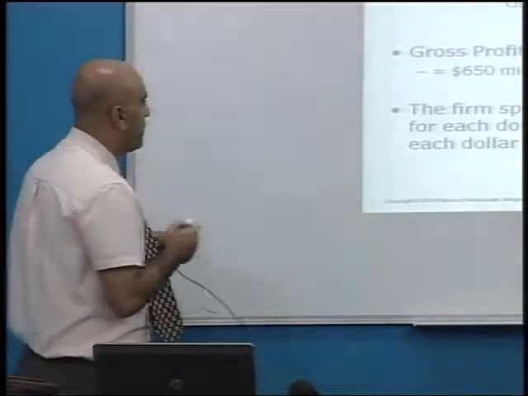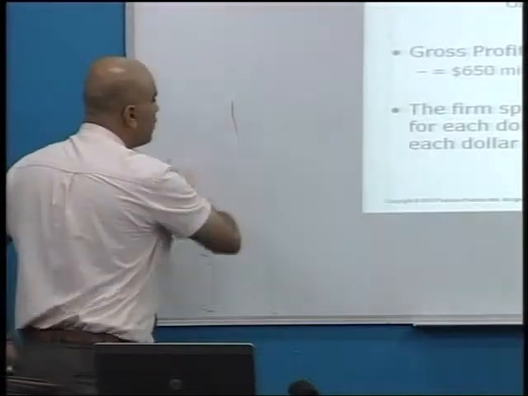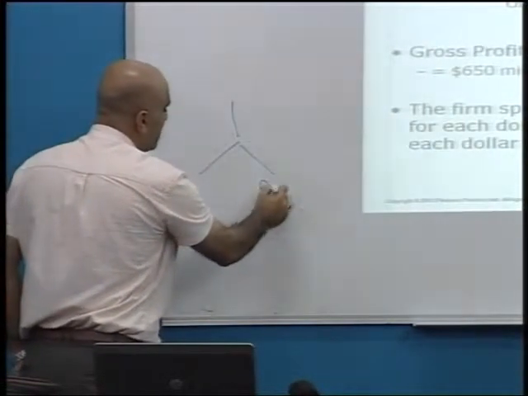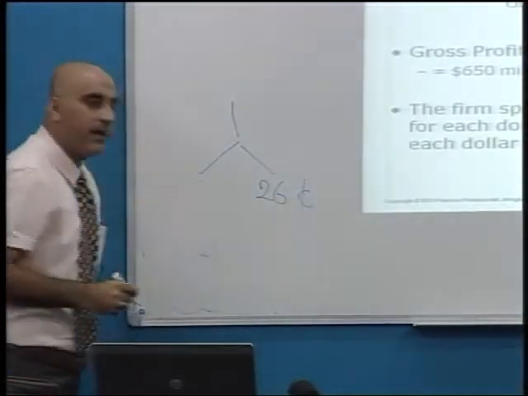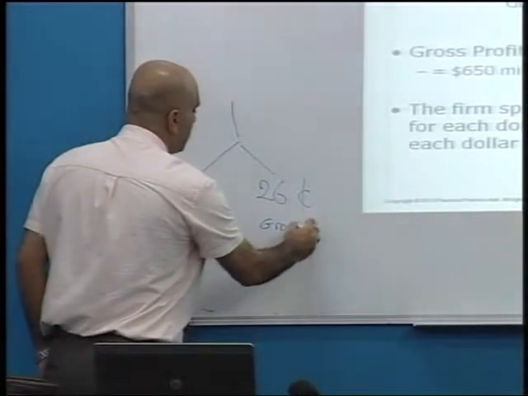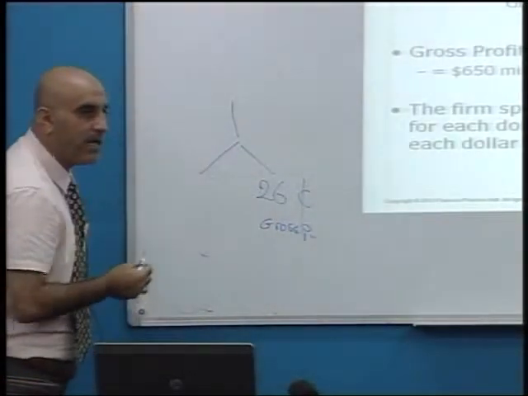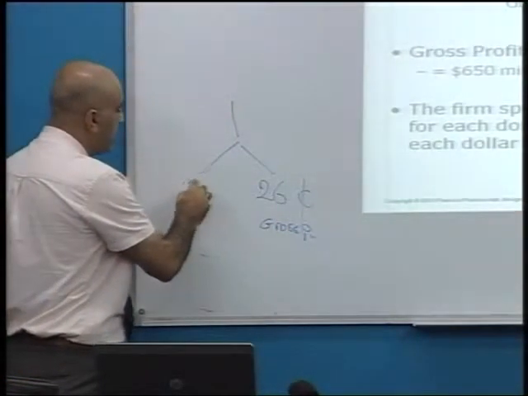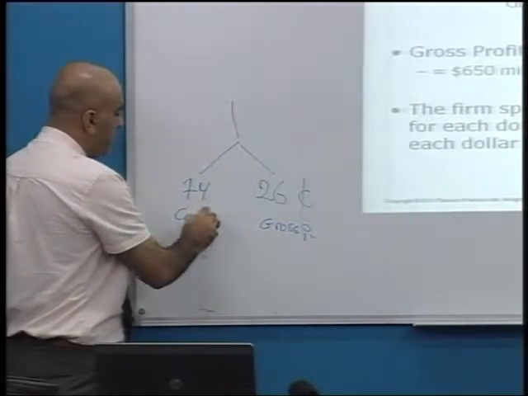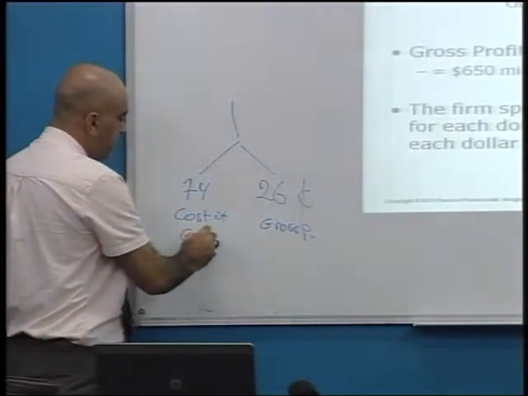In other words, of $1 in sales, 26 cents is gross profit, and 74 cents is cost of goods.